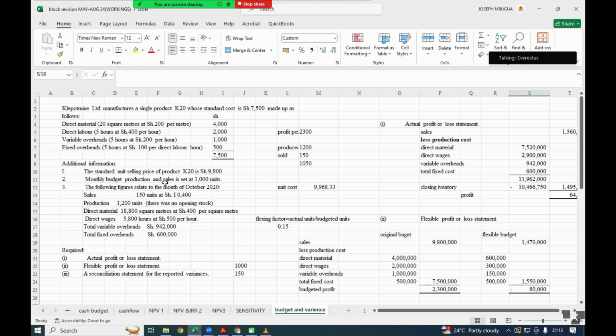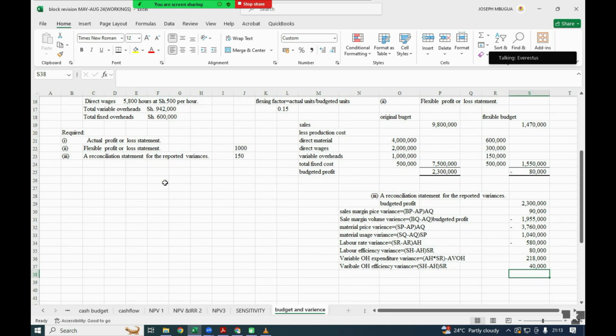When you multiply by the actual production, 1,200, you will get 1.2 million. So it means the variable overheads we had budgeted to be 1.2 million, but we ended up spending 942,000. So we subtract 942 from 1.2 million, and that will give us 258. That one is still okay.